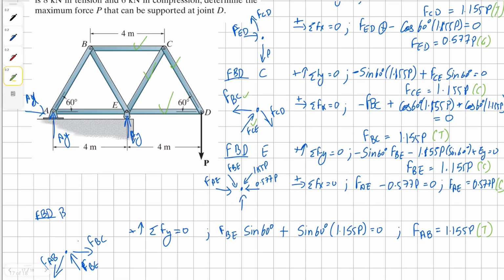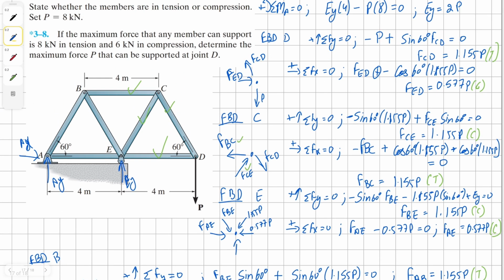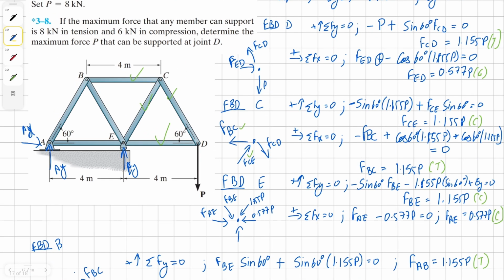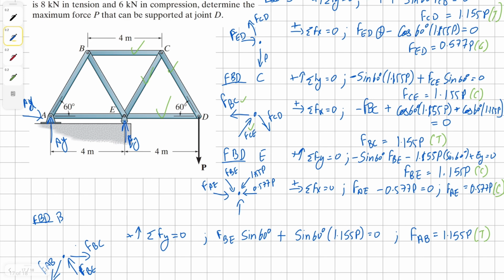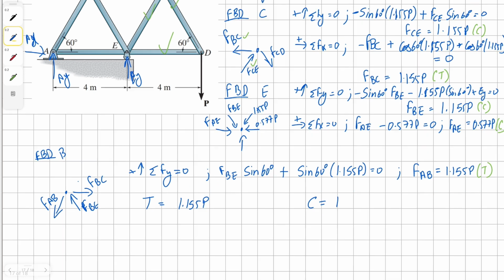Now looking at all the values found for our forces, for tension we have a maximum tensile force of 1.155P and a compressive force of 1.155P as well. So we know the maximum tensile force we can have is 8 kilonewton.